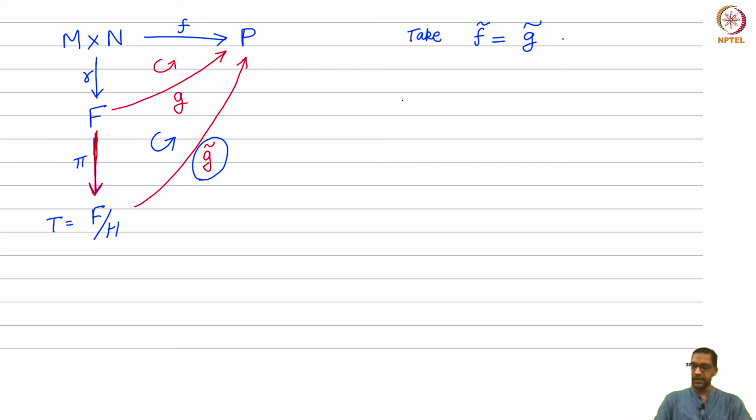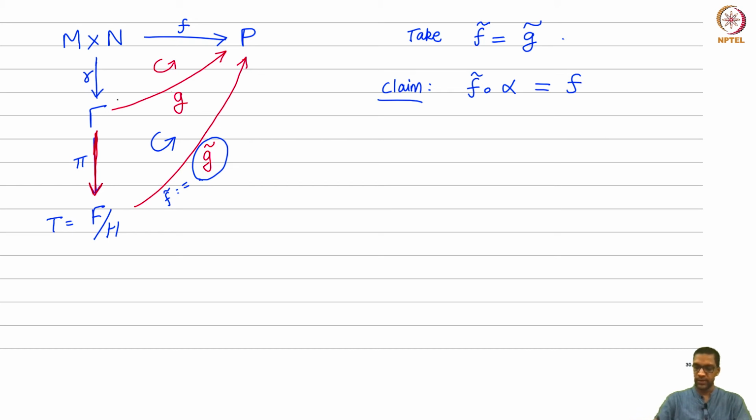So what's the property we needed? I'm going to define this as my map F tilde. Now I need to check finally that F tilde composition alpha is equal to F, right? That's the thing we need to do.